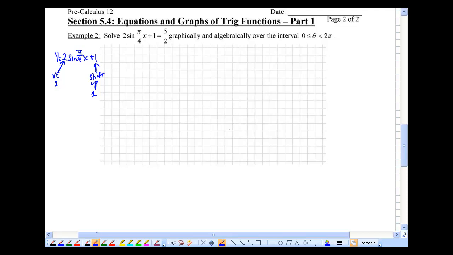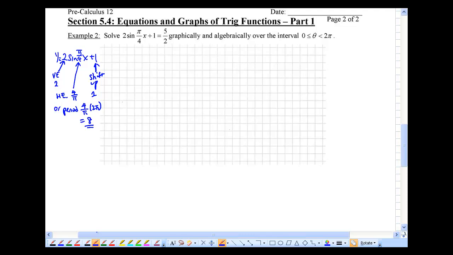And this pi over 4 thing is peculiar. This is the b value, so it's a horizontal expansion by a factor of 4 over pi. Or if you think about the period, it's 2 pi times 4 over pi, which is 8. Period's 8.